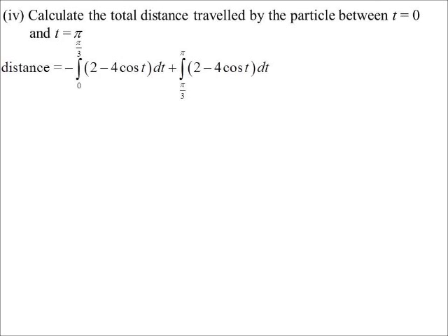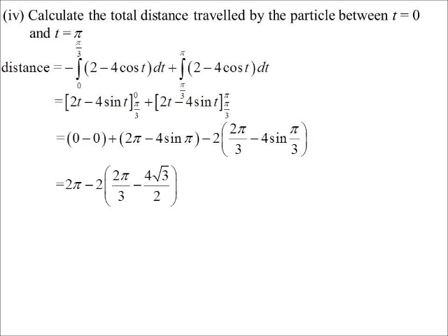So you could work out quarters and then say that area is going to be the same and so on. But anyway, let's do our integration. 2t minus 4 sine t, subbing in, oh, what a lovely distance: 4 root 3 plus 2 pi on 3 meters. But you probably guessed that anyway.